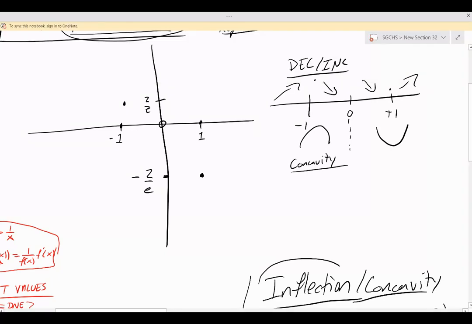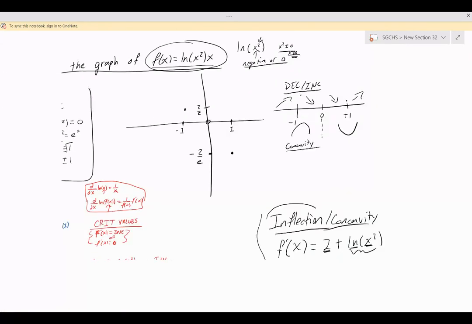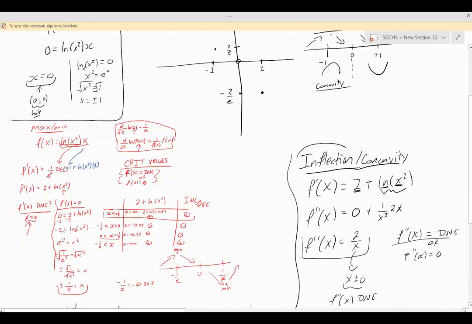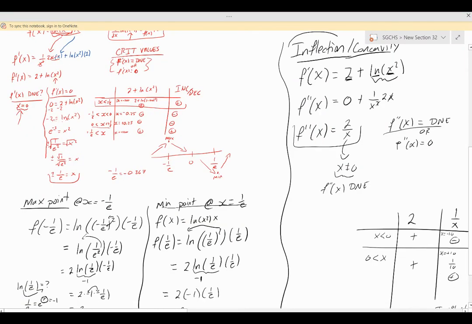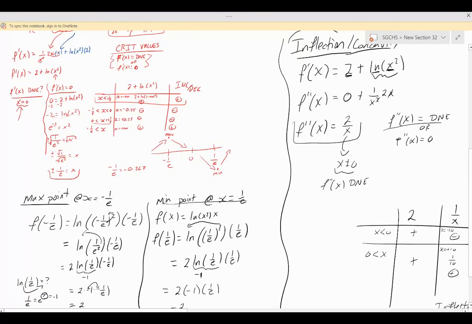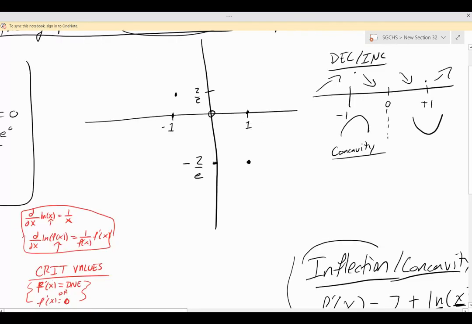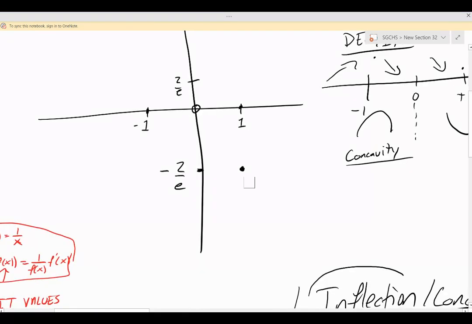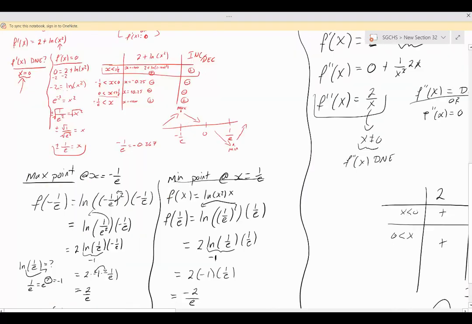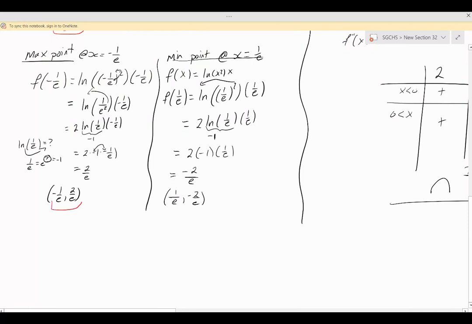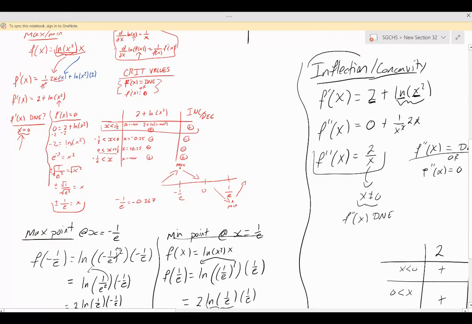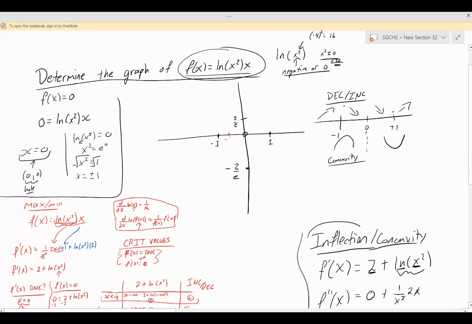So we can tie all of this together with this understanding. I'm noticing here when I graph these, our values here should be -1 over e.